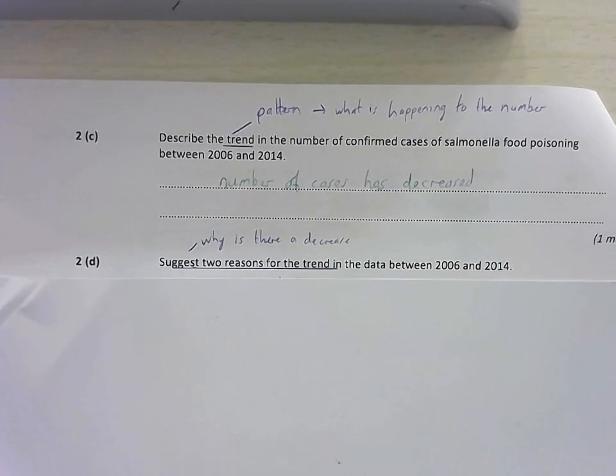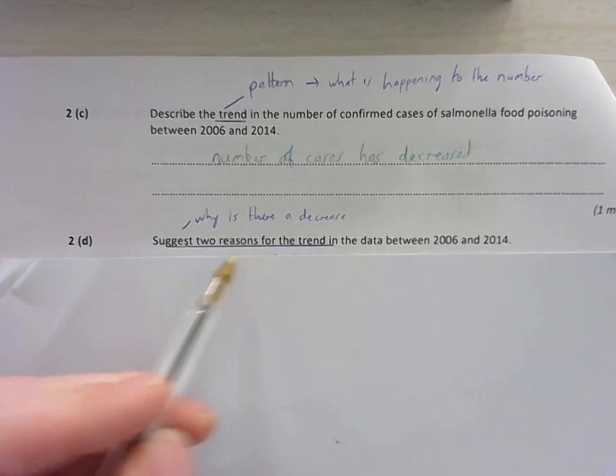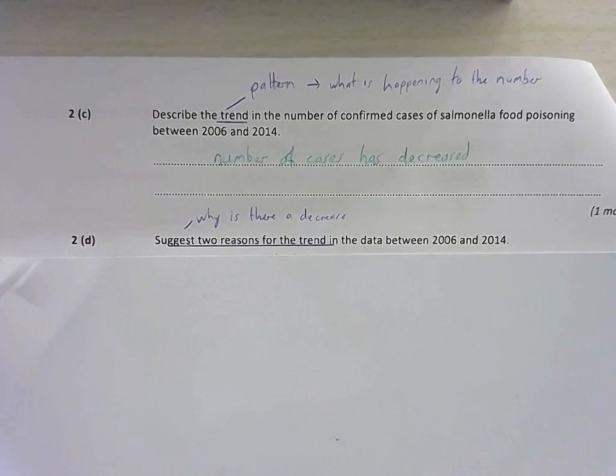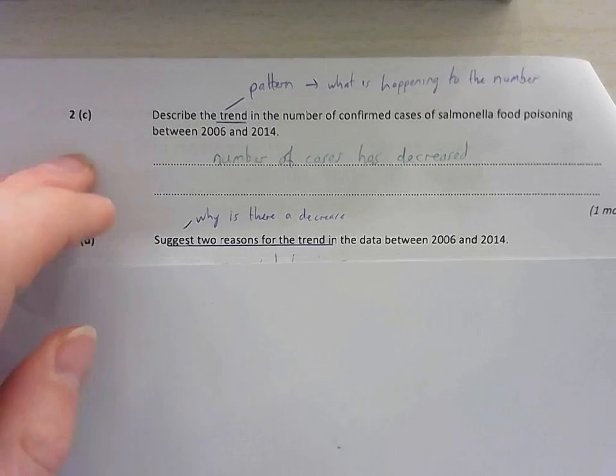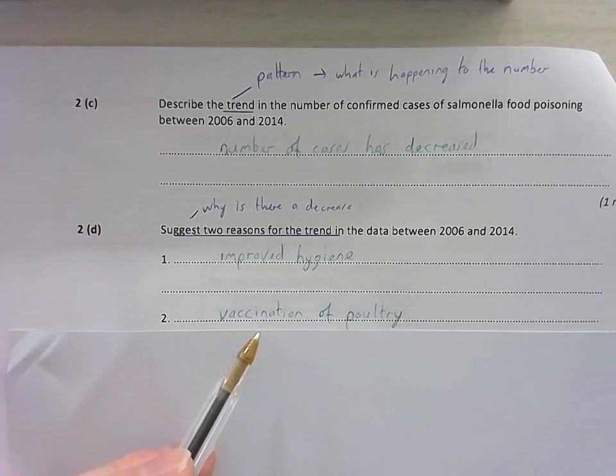So it then asks us to suggest 2 reasons for that trend. So 2 reasons why there's a decrease between 2006 and 2014. Now, to answer this, you needed to think about what can we do to prevent the spread of Salmonella. And there are 2 possible options. One, talk about this one first, is there must have been more vaccination of poultry.